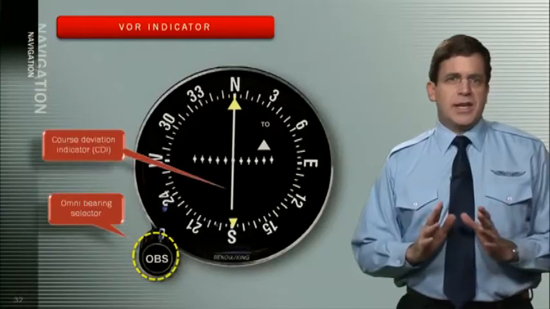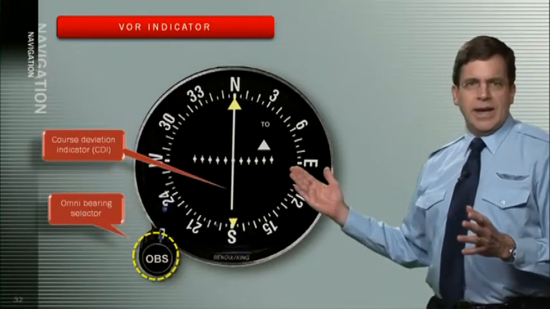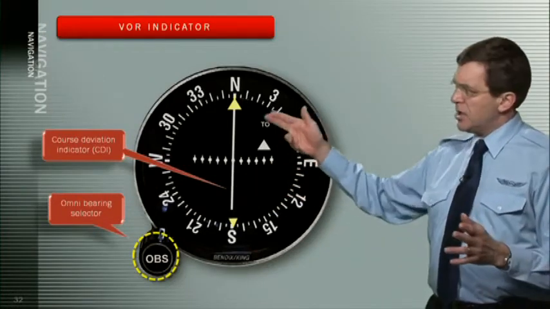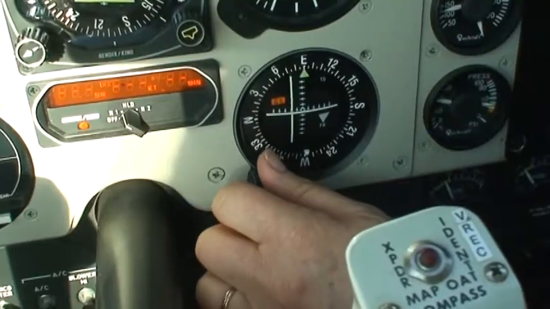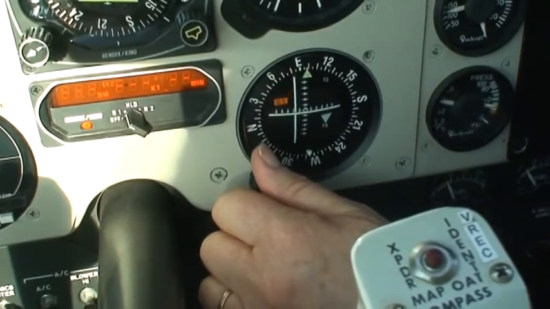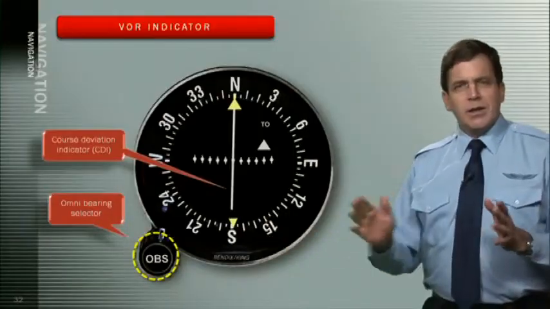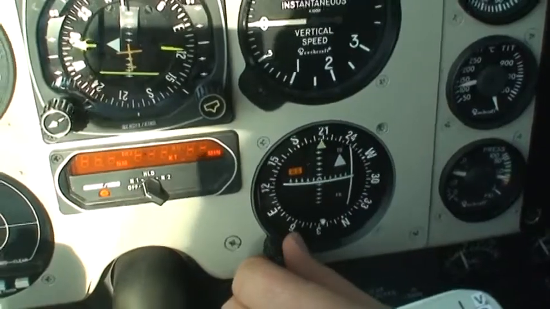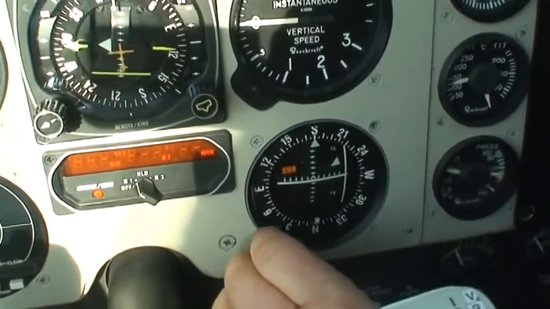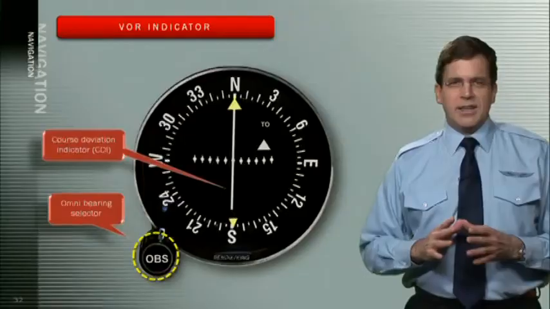The course deviation indicator, or CDI, is composed of the instrument face and a needle that's hinged to move laterally across the instrument face. The needle centers when the aircraft is on the selected radial or its reciprocal. Full needle deflection from the center position to either side of the dial indicates the aircraft is 12 degrees or more off course, assuming normal needle sensitivity.